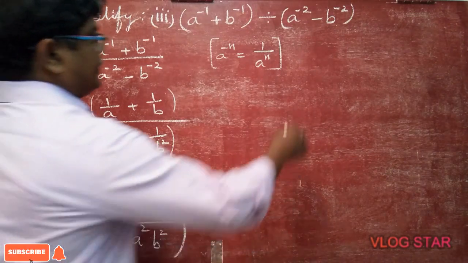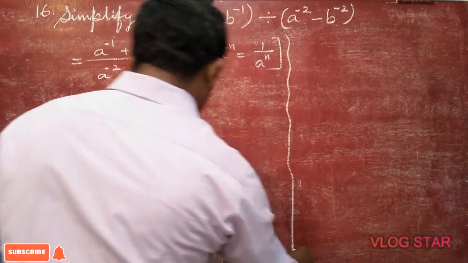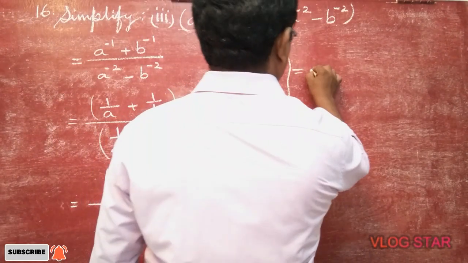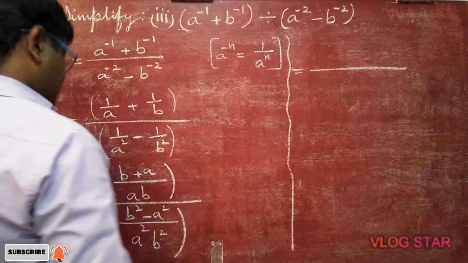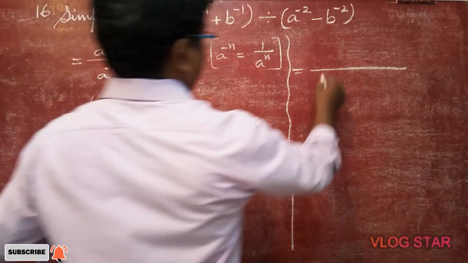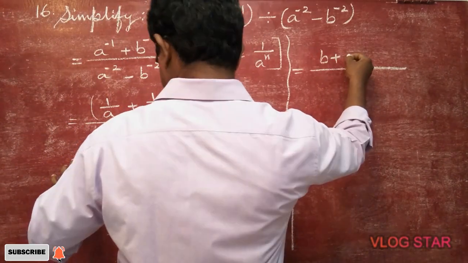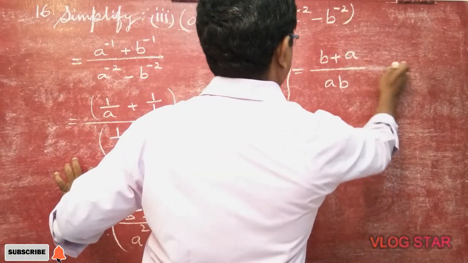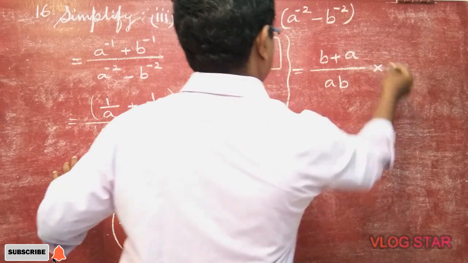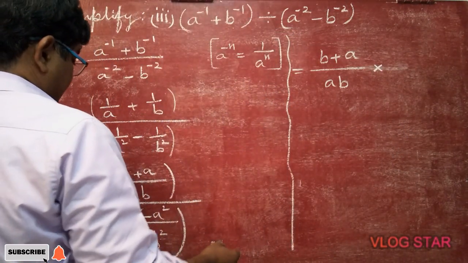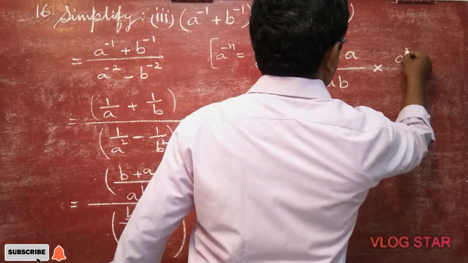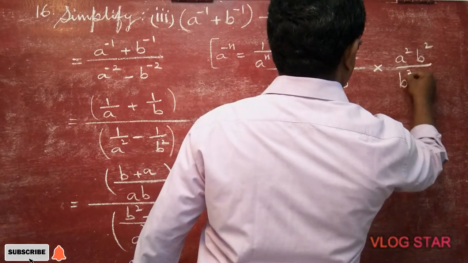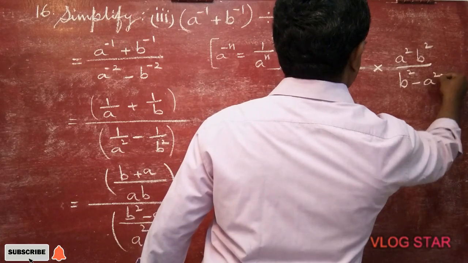Coming to here, that is equal to this fraction as it is, you write b plus a by ab into reciprocal, a square b square by b square minus a square.